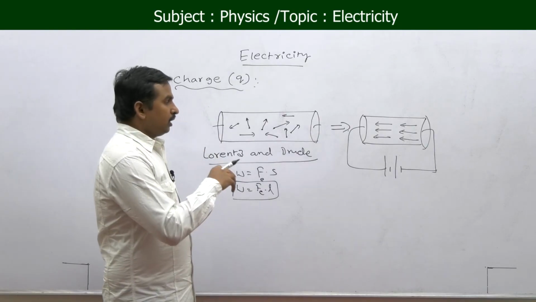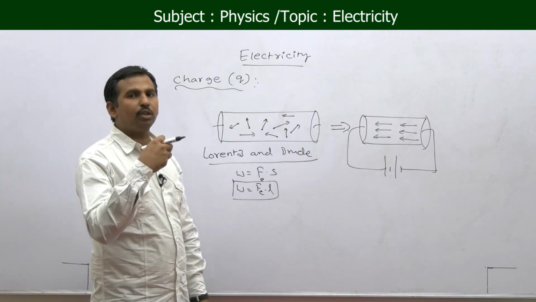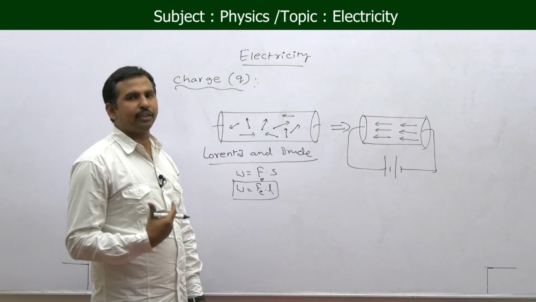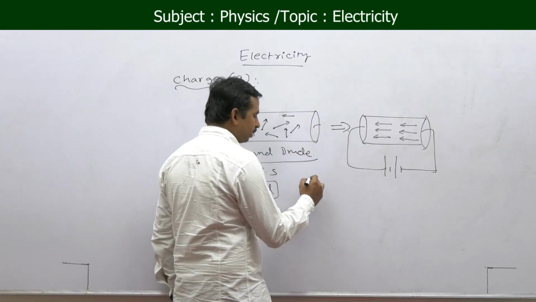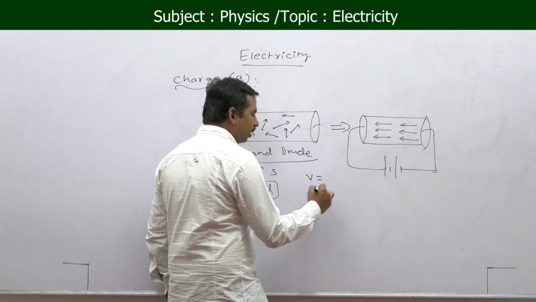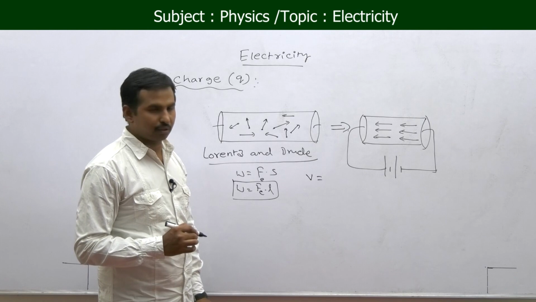Now, the work the battery does on a unit charge is what we call its potential or potential difference, also called voltage.